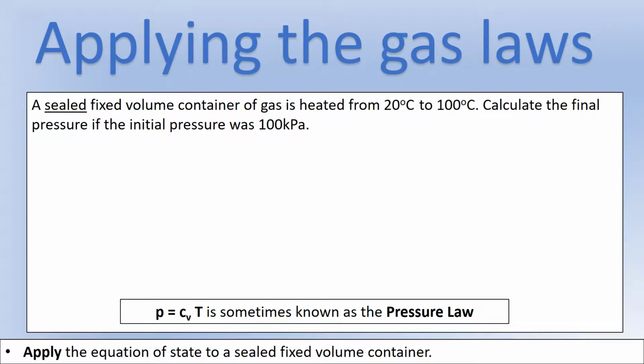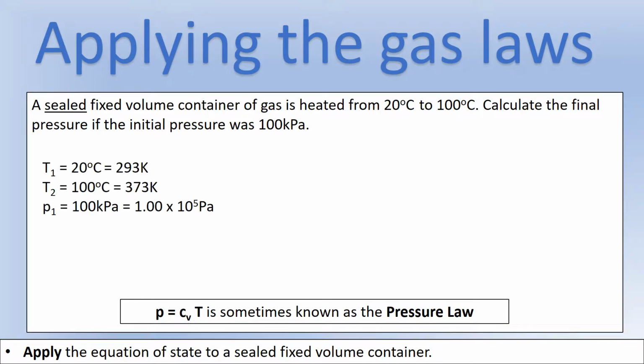This equation that we're using is often called the pressure law. It does have another name as well, but it's most commonly known as the pressure law. So if we've got a fixed volume sealed container of gas at 20 degrees and initially 100 kilopascals, and it's heated to 100 degrees centigrade, then what we want to do is work out what the final pressure was.